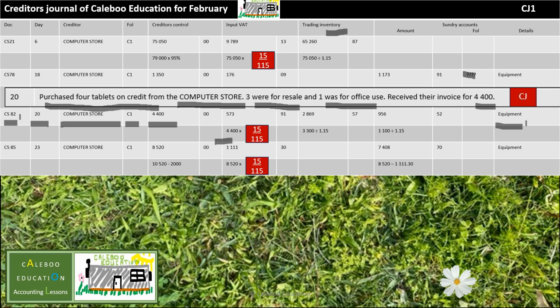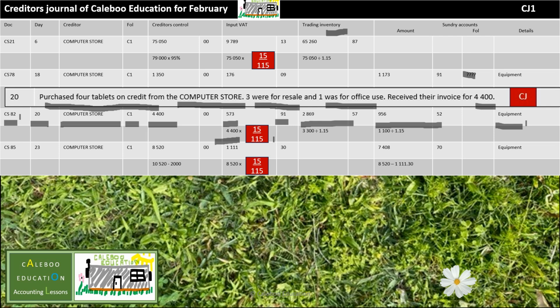So to calculate the input VAT, both items, trading inventory and equipment, are standard rated. So we can take the full amount, 4,400 including VAT, multiplied by 15 over 115 gives us 573.91.